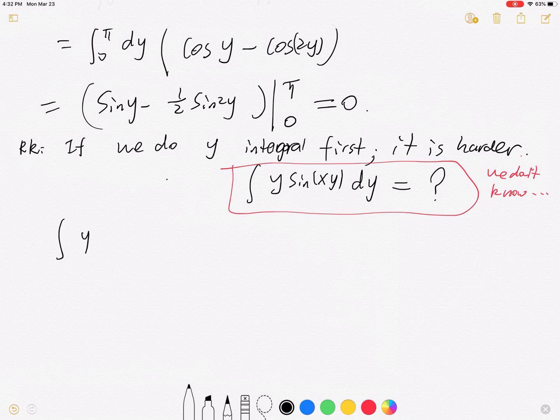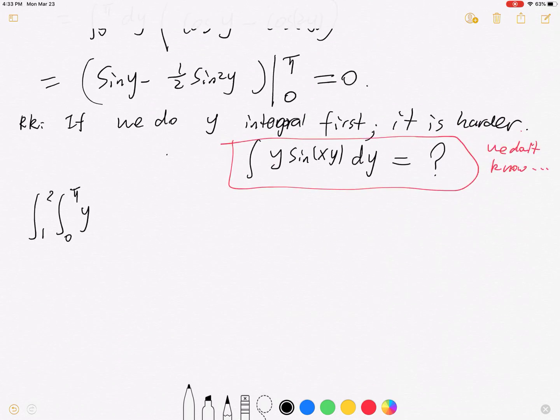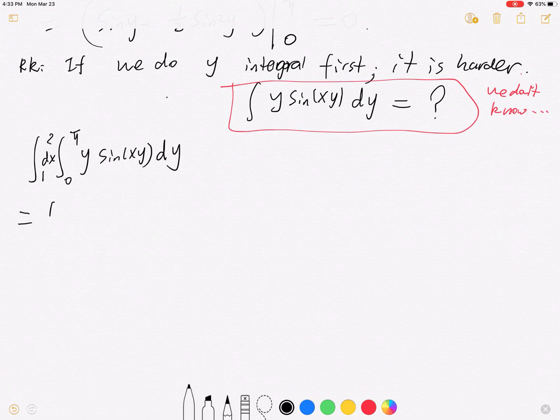Okay, so let's change the order of integration, from 0 to pi and from 1 to 2, with 1 to 2 being for x. The sine xy is dy, then 1 to 2 dx. Inside, we do integration by parts.